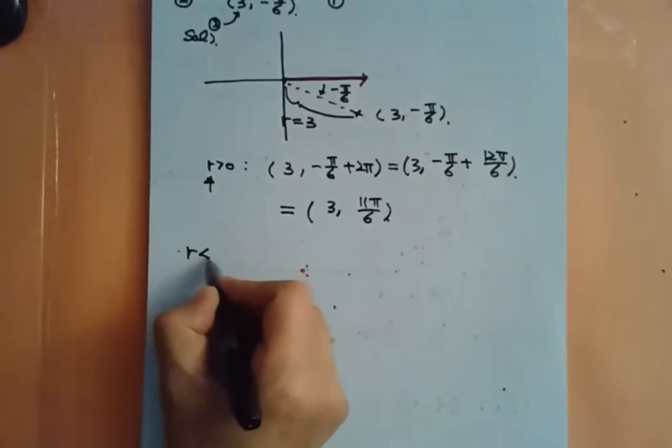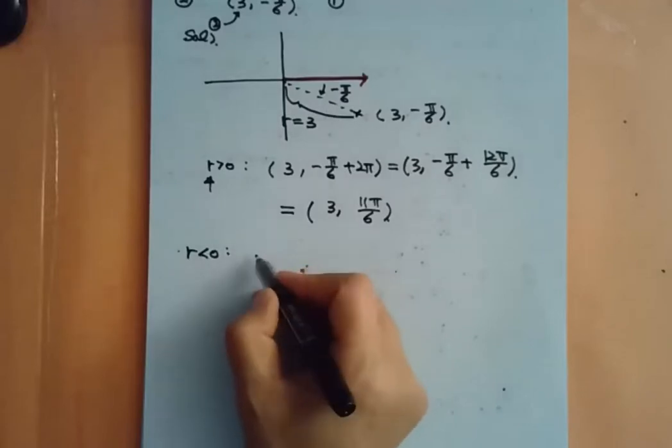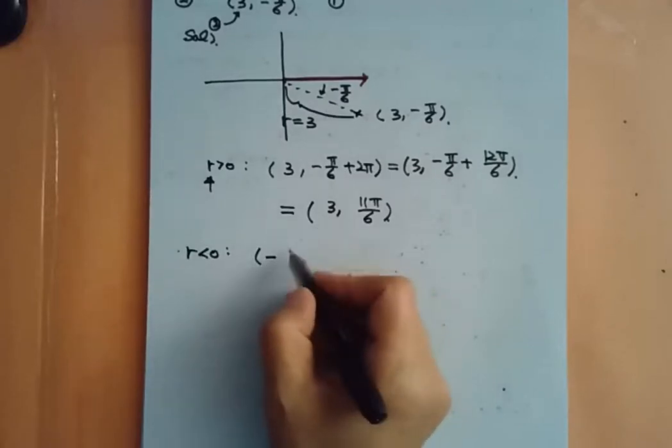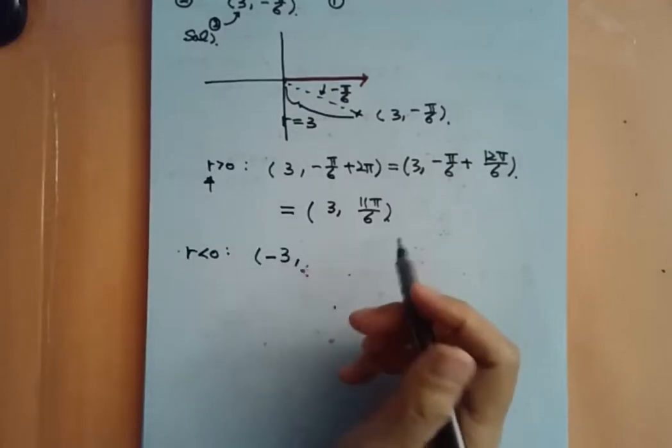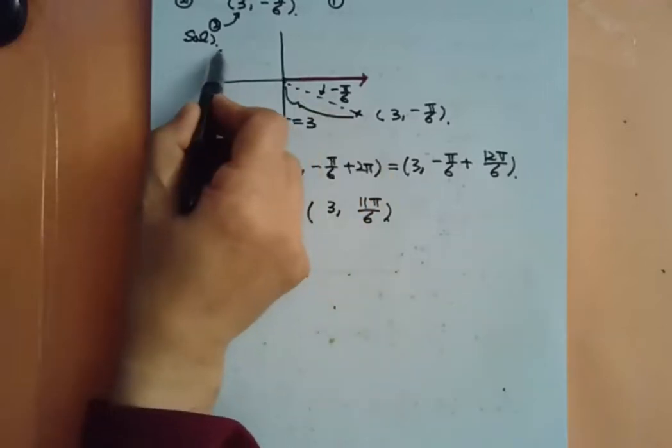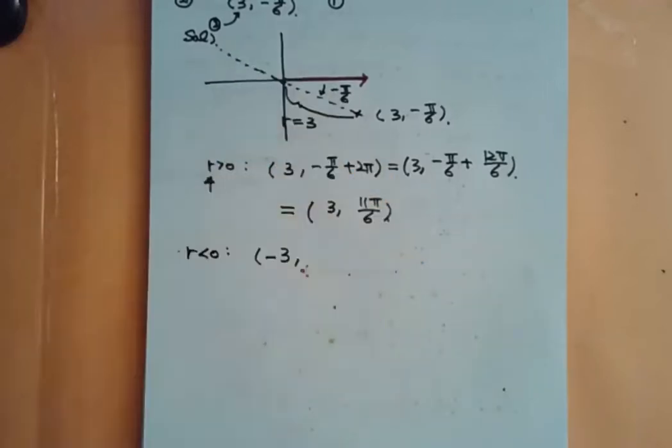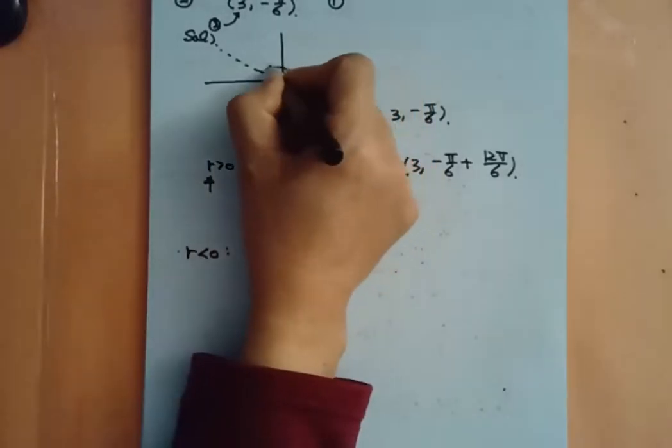If r is a negative number, then we change the sign. So minus 3, because r should be negative, but we think about the other direction. So we can obtain that by adding pi.